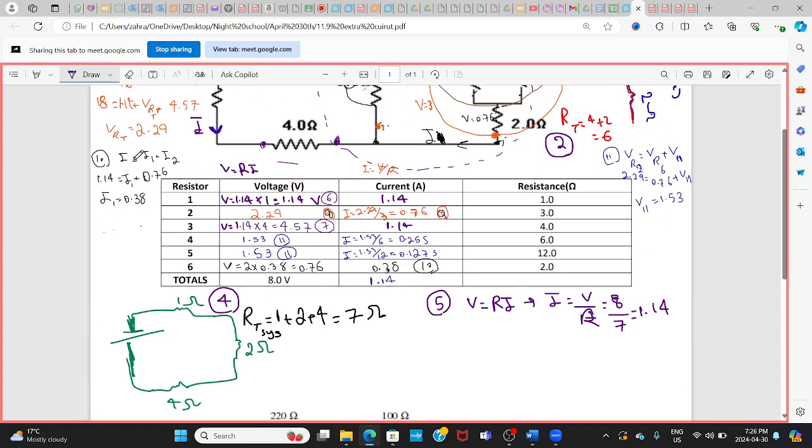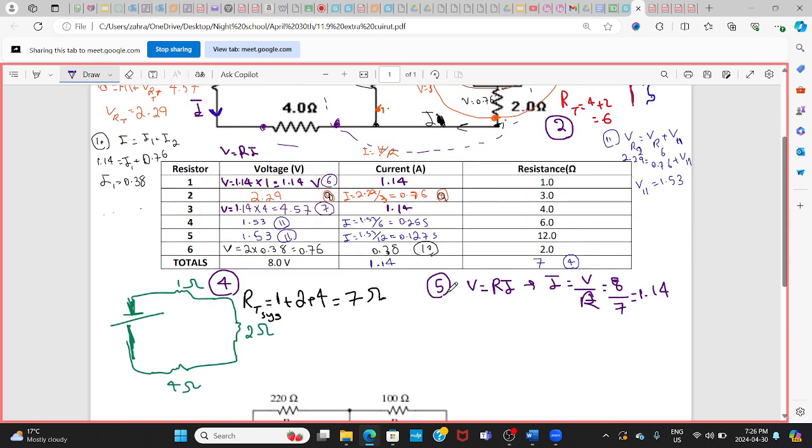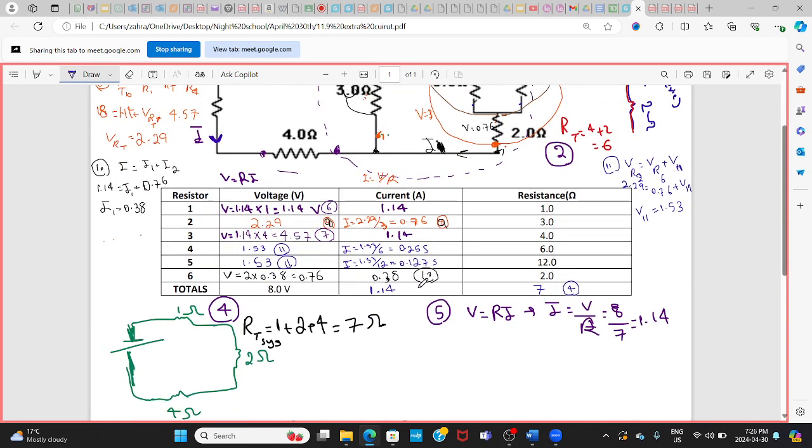Here's step 4, that was my system, which is 7. That was from step 4, and that was from step 5, I guess. Where's step 5? Yeah, here. That was from step 5.